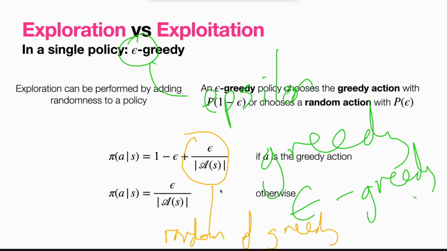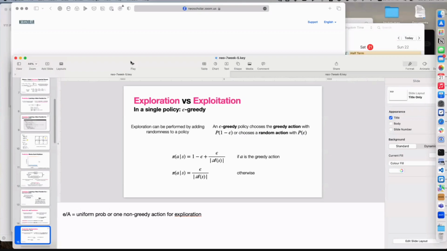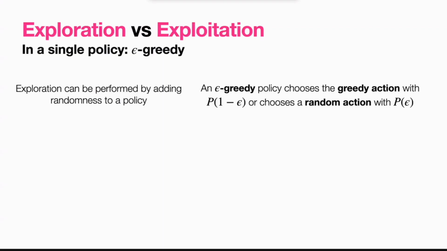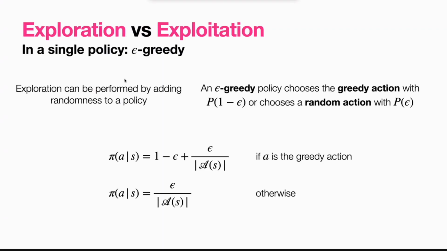So in fact, rather than blank this, I'm going to just exit that and play it again, because then I can draw on it more easily. So you can think about this as some small probability.